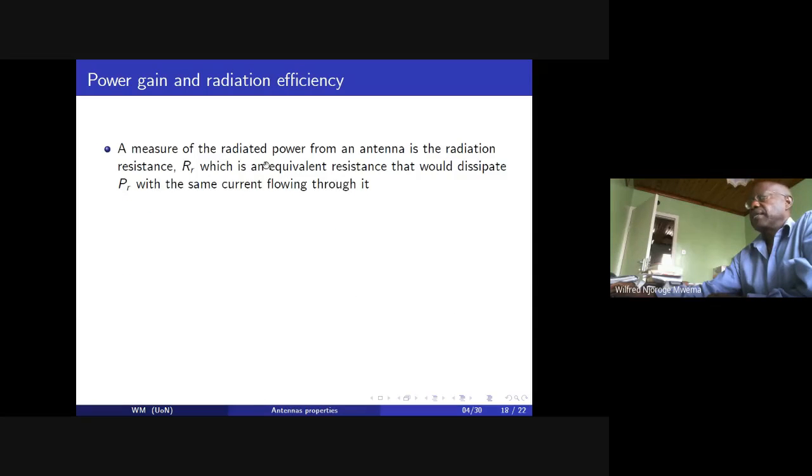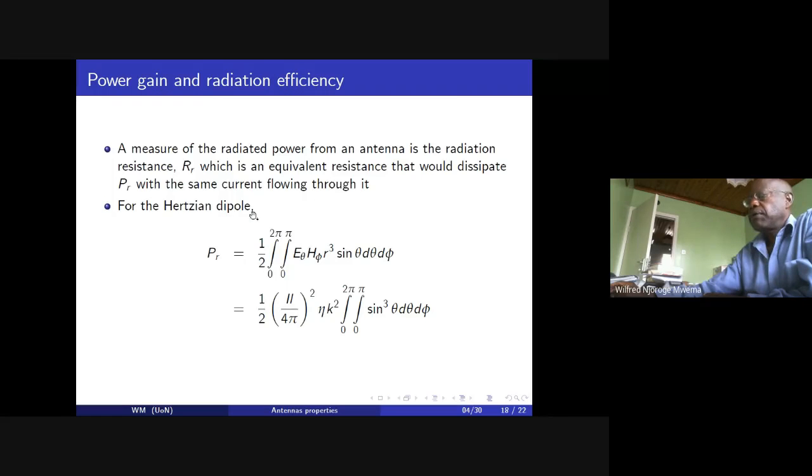So a measure of the radiated power from an antenna is called the radiation resistance. If you recall what we said, it's an equivalent electrical resistance that would dissipate the same power as the radiated power of the antenna if it was carrying the maximum current, that is the amplitude current exciting the antenna. We said it was an equivalent resistance that would dissipate PR with the same current flowing through it. So for the Hertzian dipole, we have that PR is given by that expression there.